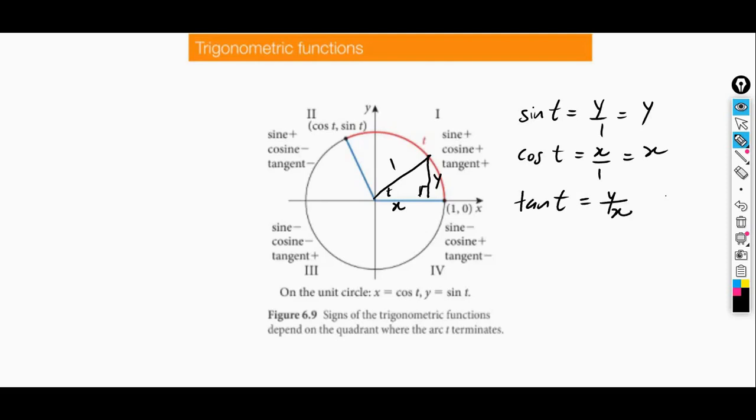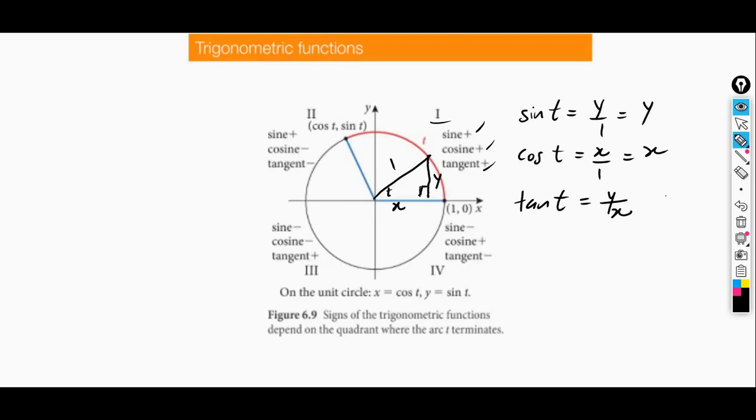Another thing to notice is that the positive or negative sign for cosine, tangent, or sine depends on the quadrant where the angle is located. For example, in the first quadrant, sine is positive, cosine is positive, and tangent therefore will be positive, since tangent is sine over cosine, or y over x.